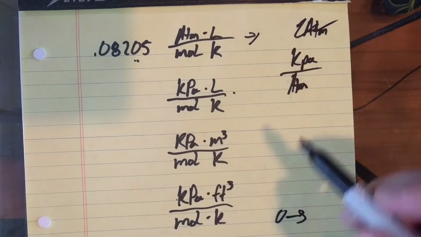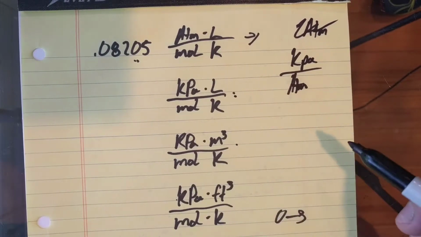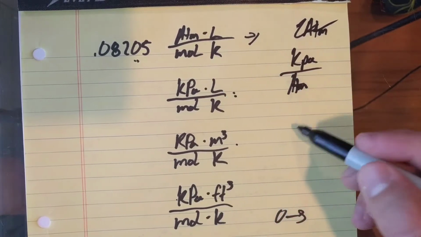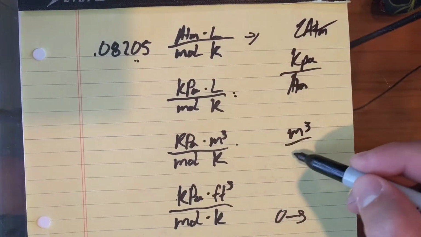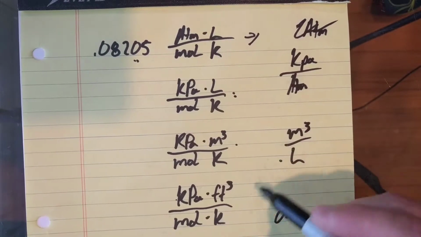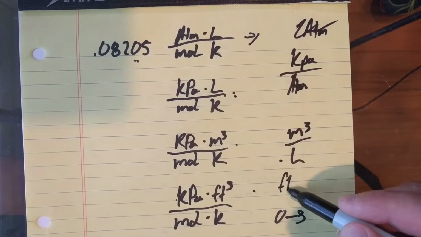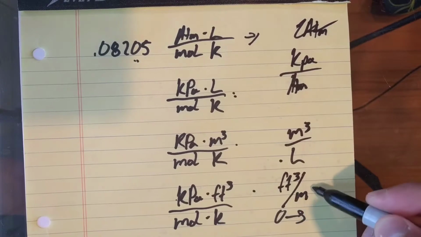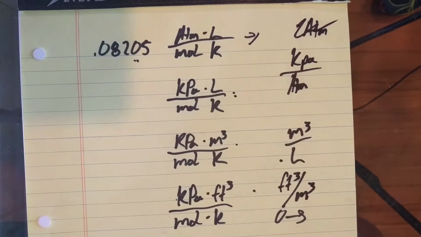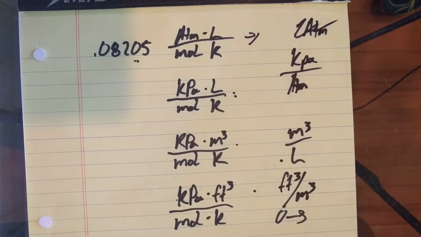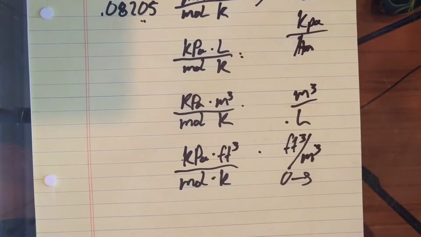To get from here to here, you need something that has meters cubed per liter. Here to here, feet cubed per meter cubed. That's all you got to do. That's how units work. Other important points about units.